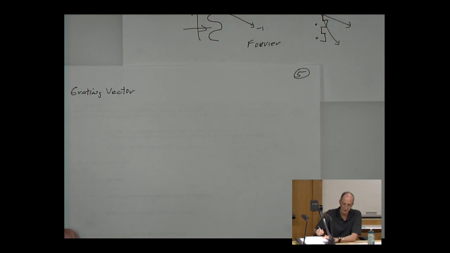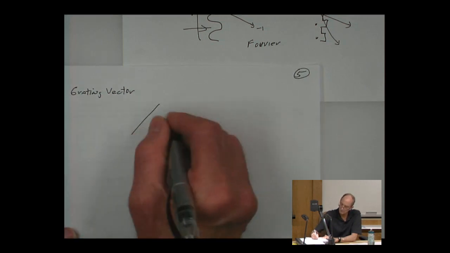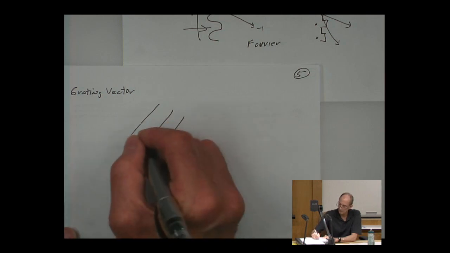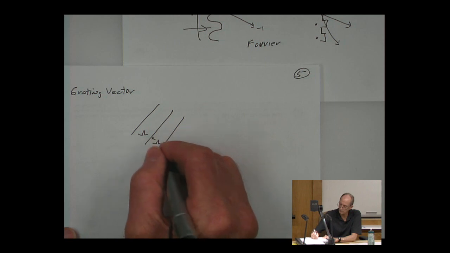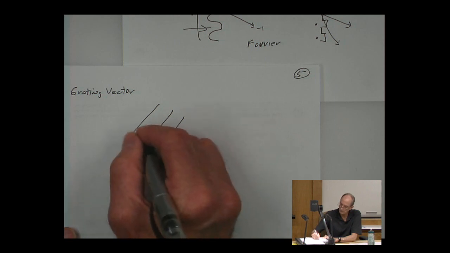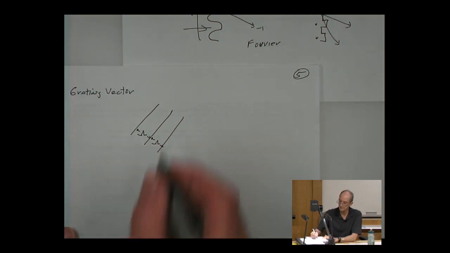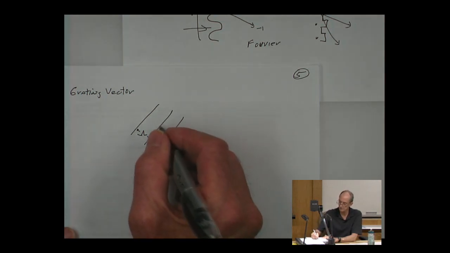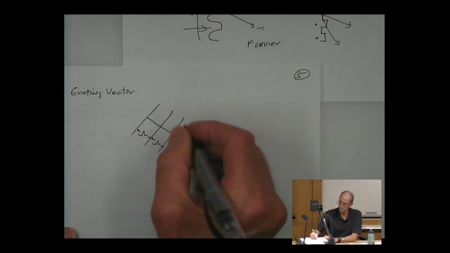If we have a set of fringes being formed with a period like so, the grating vector is a vector which is perpendicular to those fringes.